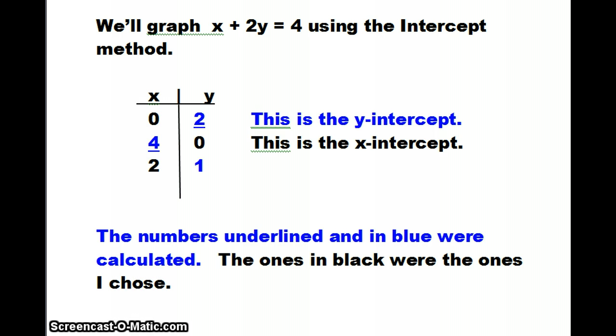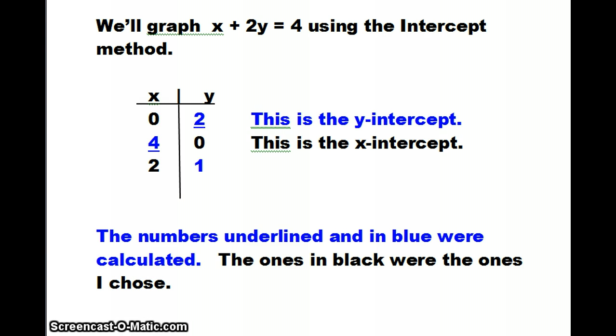We're going to pick any optional third point. I happen to pick x is equal to 2. So when x is equal to 2, I substitute it in and I get 2 plus 2y is equal to 4. That means 2 times y has to be equal to 2, because if x is 2, we need that 2y to equal 2. The only way that will happen is when the value of y is 1.